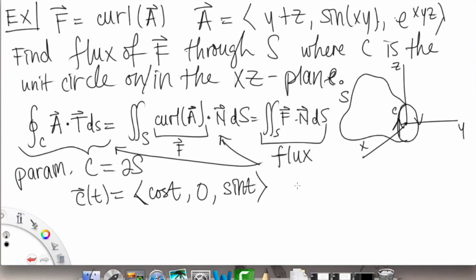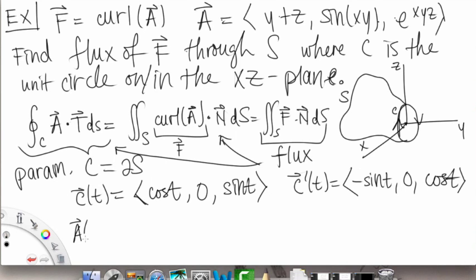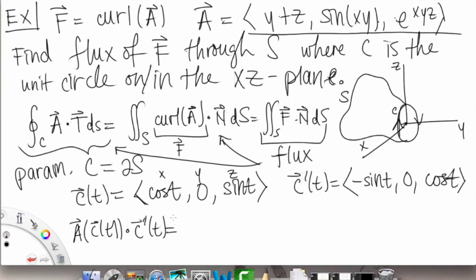Okay. So then c prime of t, let's take the first derivatives of each of these components. So we get a negative sine t, a 0, and a cosine t. Alright, so now what I'm going to do is compute A of c of t dotted with c prime of t. Okay, so for A, we're given this at the top, right? So we're going to plug in our x, our y, and our z for each of them.